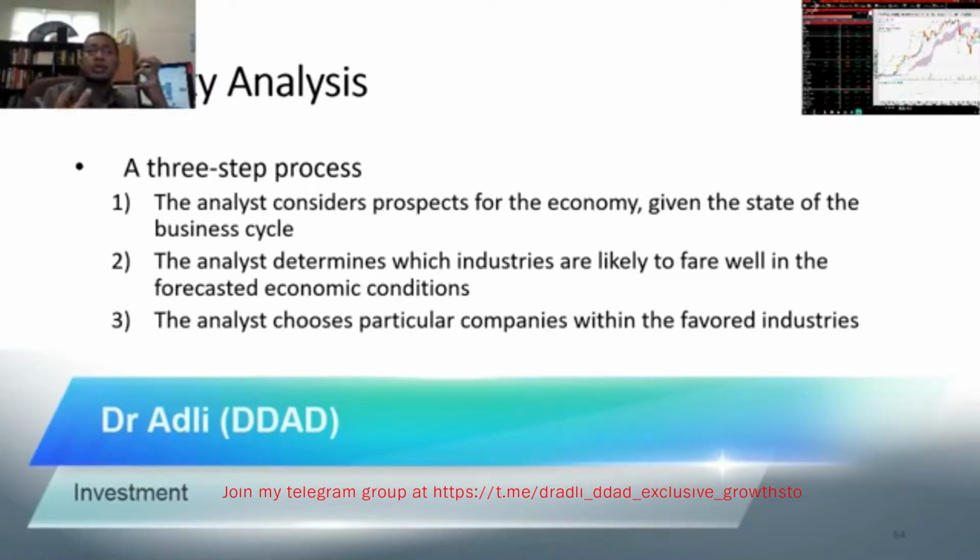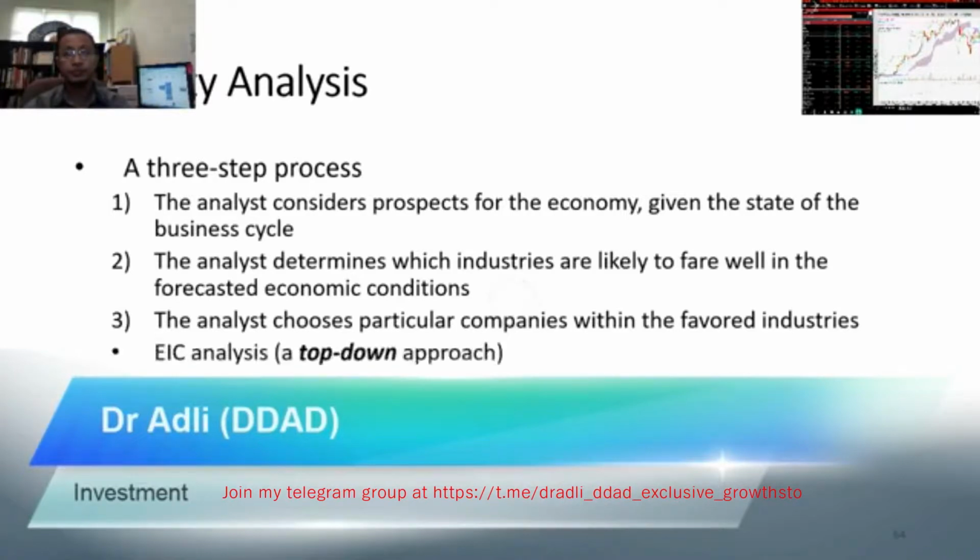You can choose the company that you want to invest in based on this three-step process: from the economy as a whole, the industry, then the company. So it is the economy, industry, and company analysis, EIC analysis, a top-down approach.